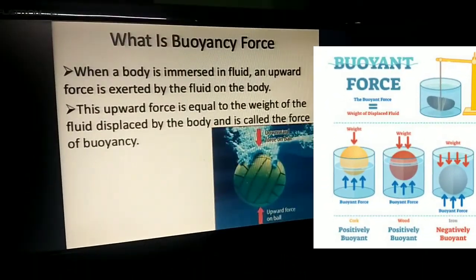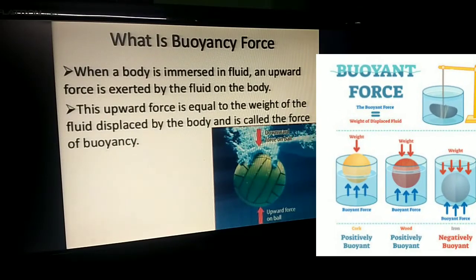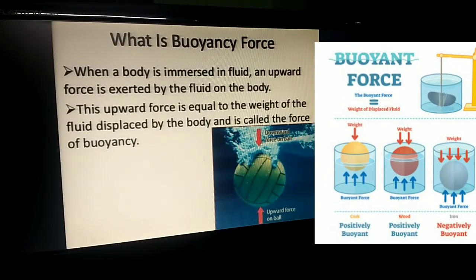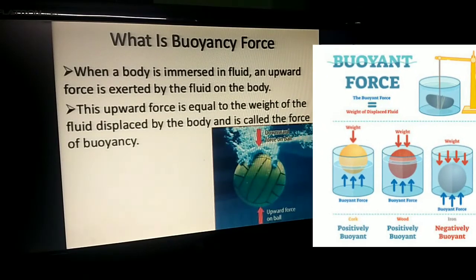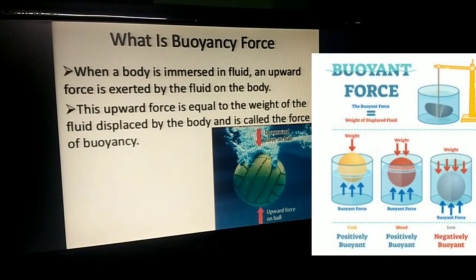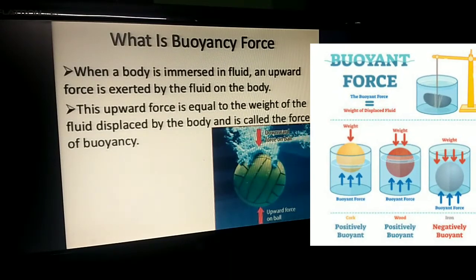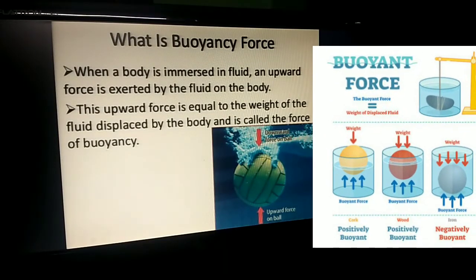What is buoyancy or buoyant force? When a body is immersed in a fluid, it experiences an upward force or thrust applied by the fluid on the body.